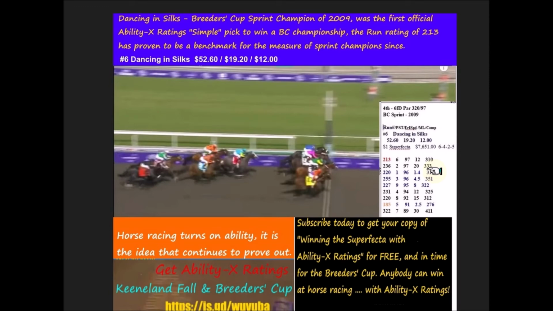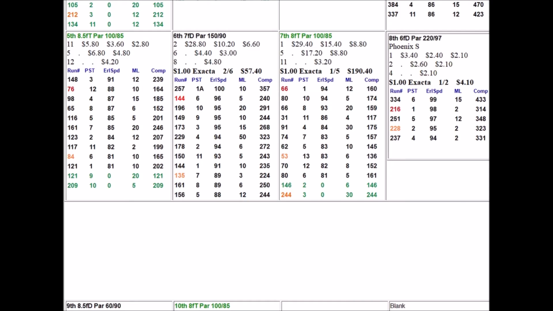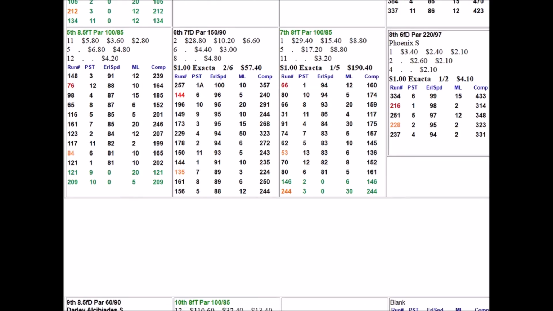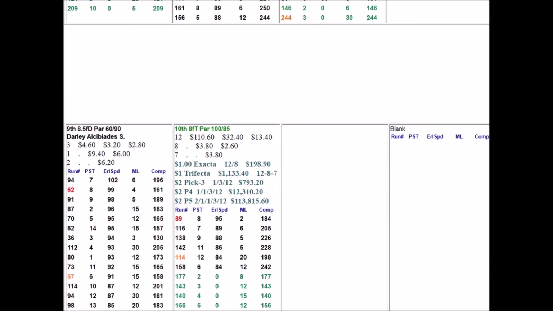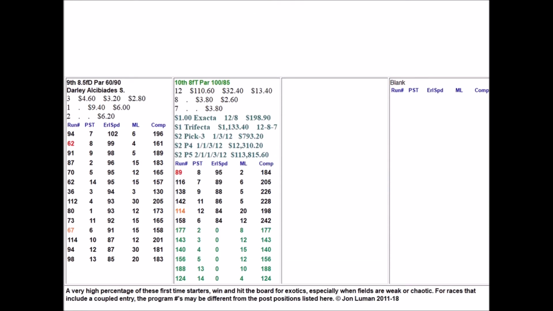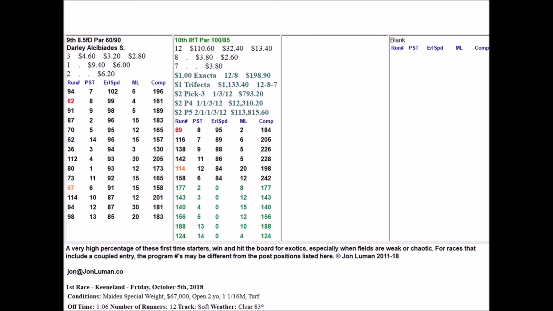The bell is usually rung for an Ability X ratings user, because these kind of things are memorable, just like the ratings for those winners on the Friday card here at Canterbury. But handicappers, not so much.